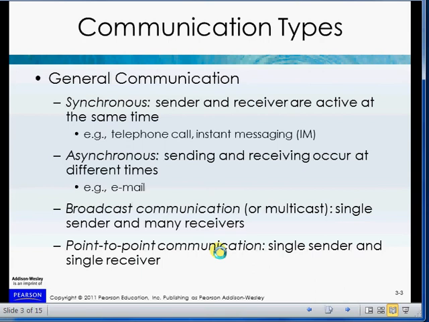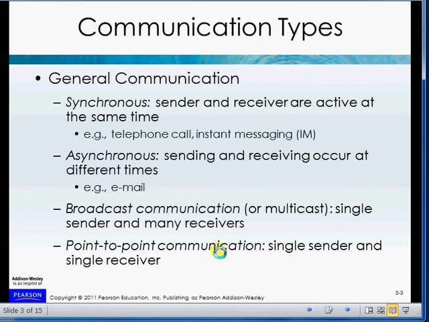Some vocabulary here when we start talking about communication. One of the most common communication categories is synchronous communication, when both the sender and the receiver are active at the same time. A typical example would be a telephone call. Versus asynchronous communication, where they could potentially take place at different times.